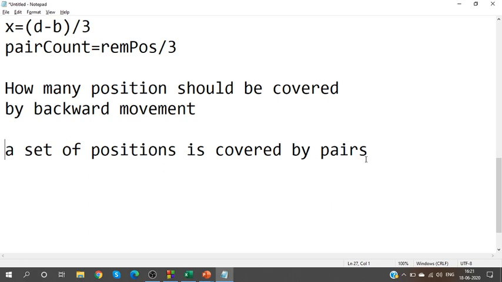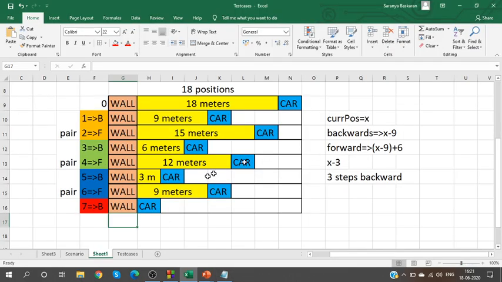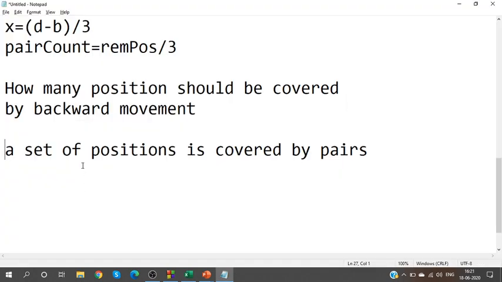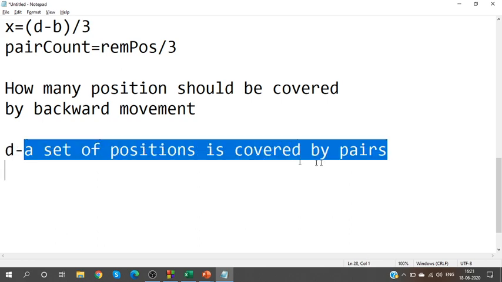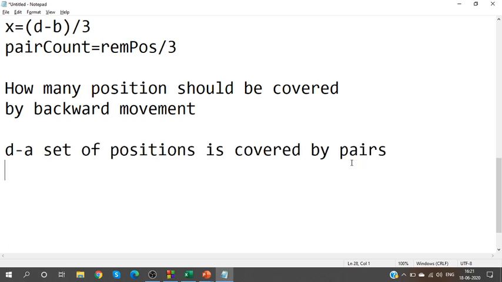I need to know how many are not covered by pairs. Which is not covered by pairs? The last set. So total distance minus positions covered by pairs. Can you understand this? Total minus positions covered by pairs.